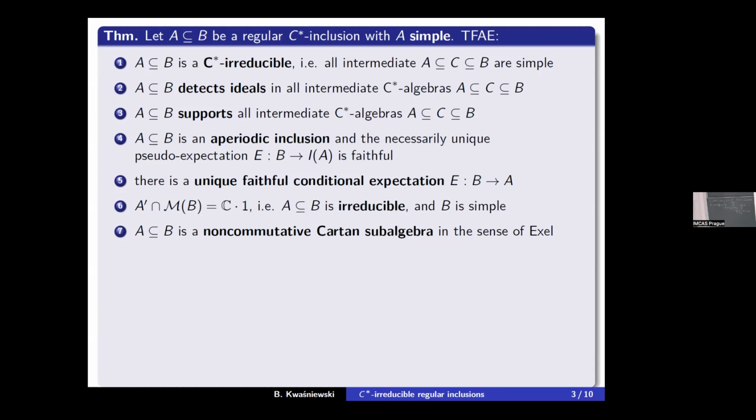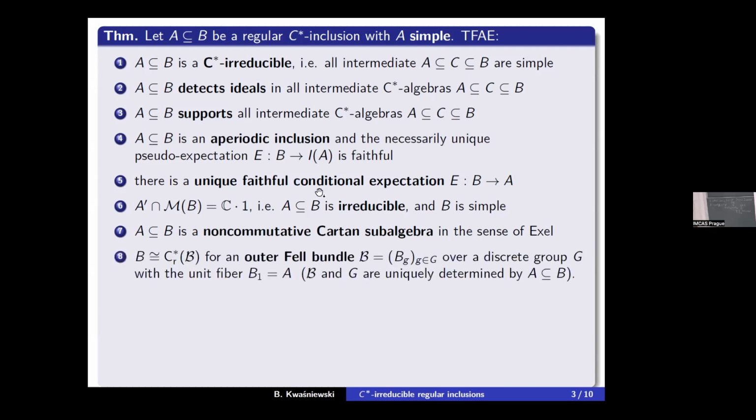And the small algebra there is the algebra of functions living on the unit space. So it will never be simple unless you have only one point. So you cannot apply this to this business of C*-irreducible inclusions. But this non-commutative Cartan subalgebra, this generalization produced by Axel, fits here very nicely. I'll try to explain that later.